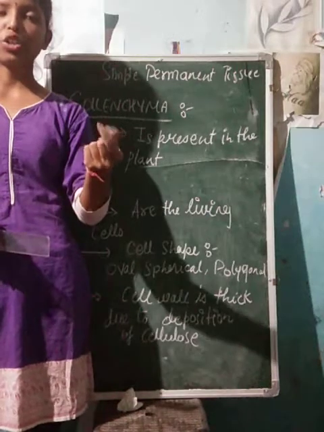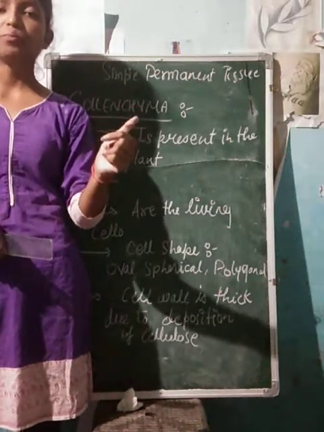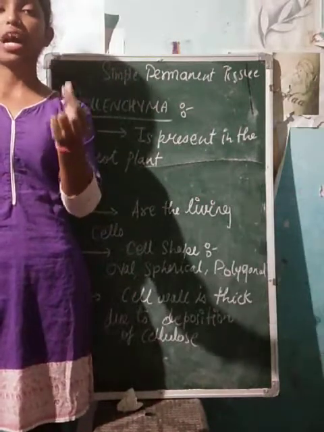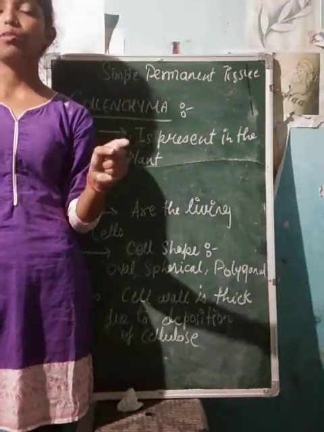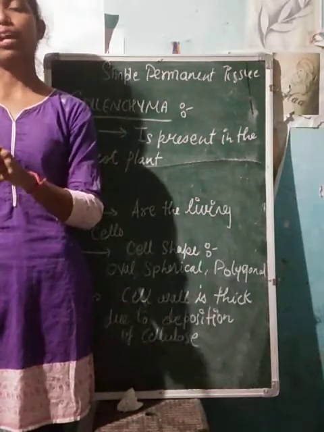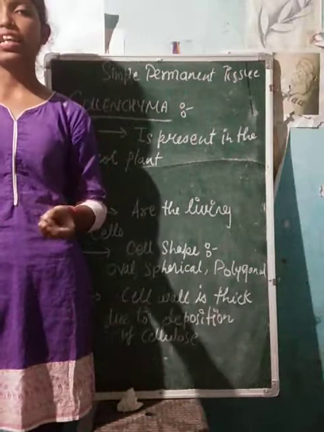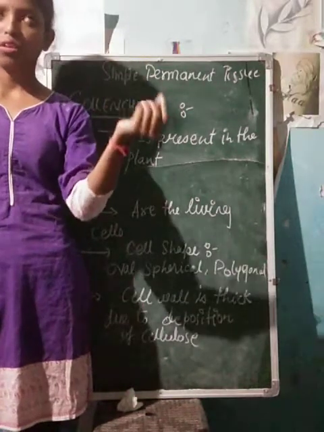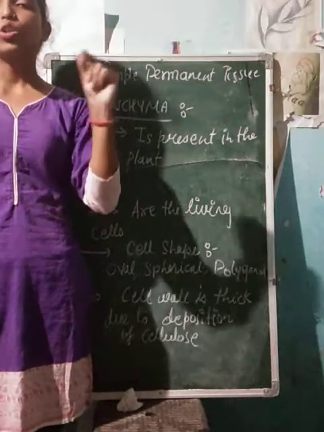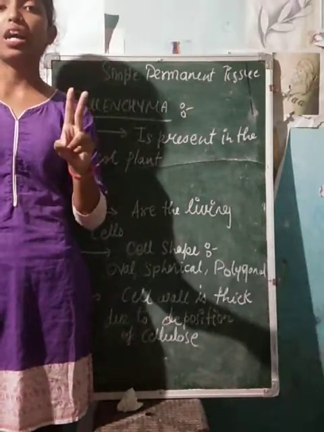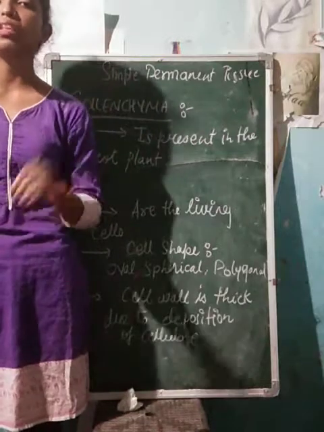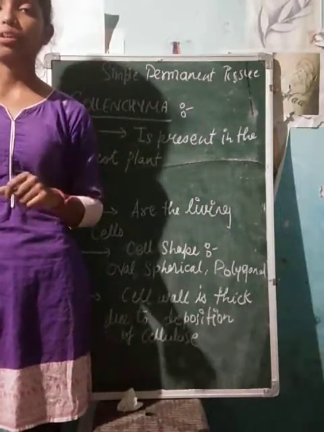If you mash it with your finger, you will find that the seed of gram divides into two equal halves, whereas the seed of rice is not able to divide into two equal halves. Just like gram seed, pea seed, pulses seed, they are able to divide into two equal halves. Those are known as dicot.